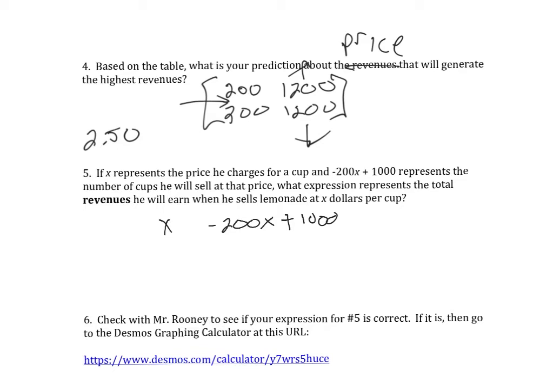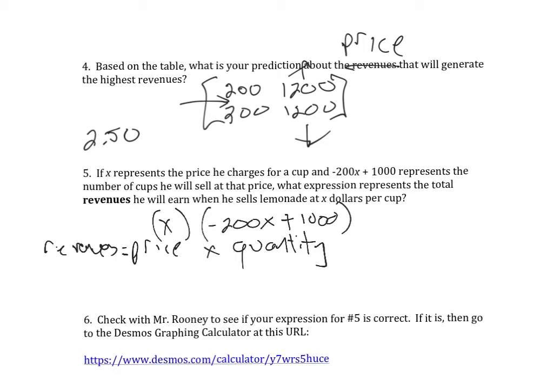Here we have the price of X, and here we have the quantity, and the revenues then has to equal the price times the quantity. So in other words, X times negative 200X plus 1,000 has to be the expression for our revenues.